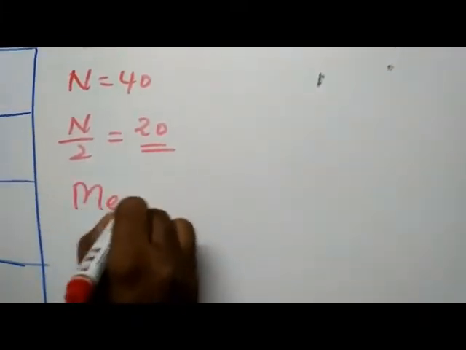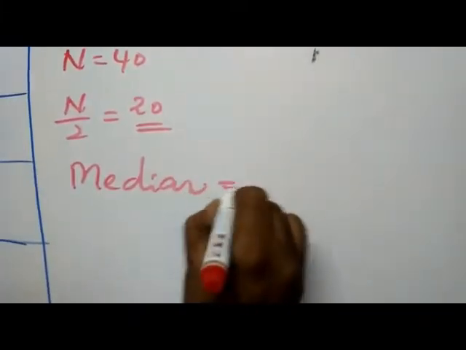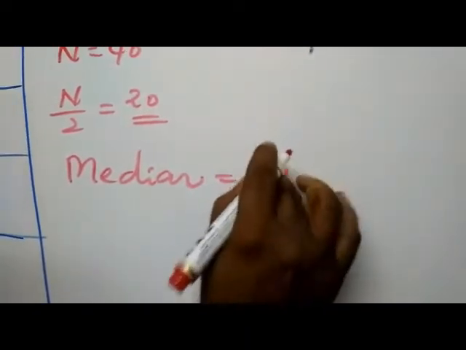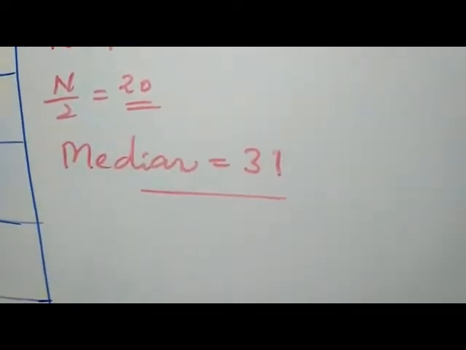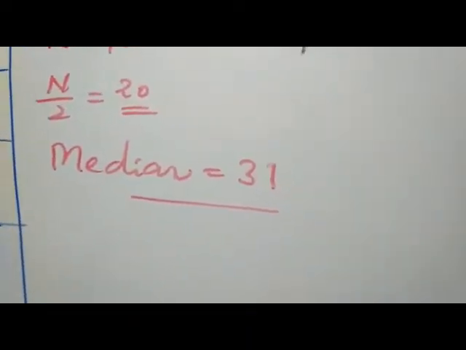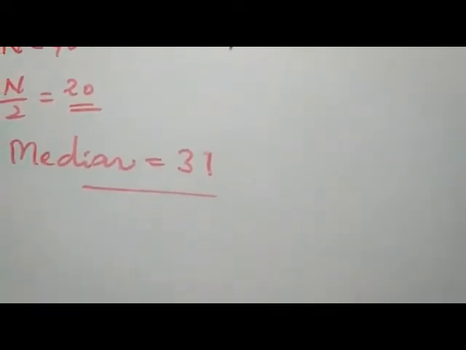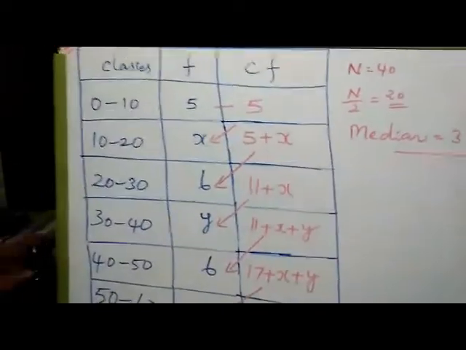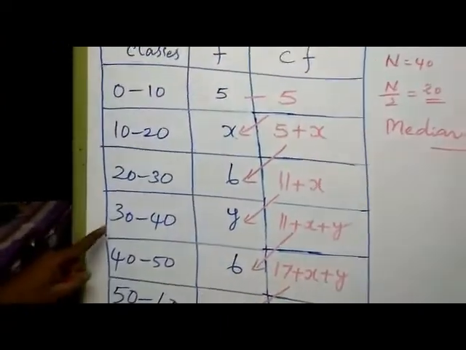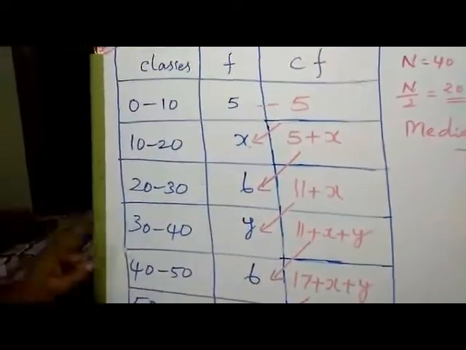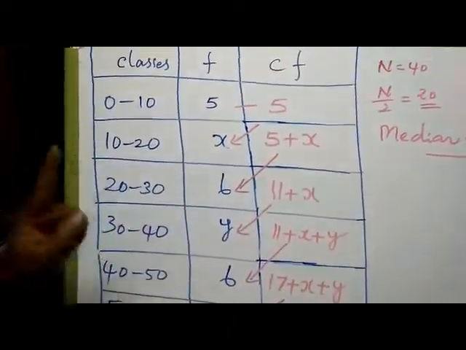Now, given median is equal to 31. By using this median, we can find the median class. Median is equal to 31, so 31 lies between 30 and 40.